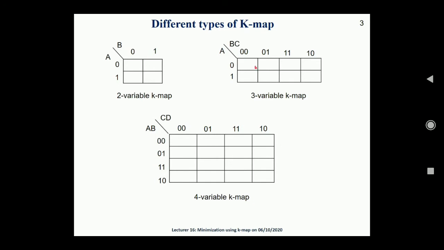This one is 0, this one is 1, this one is 2, and 0, 1, 2, 3, this one is 4, this one is 5, this one is 6, and this one is 7.